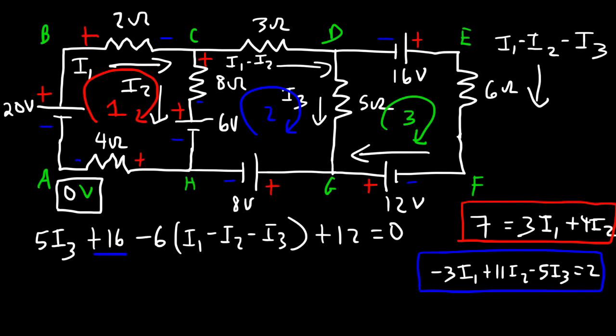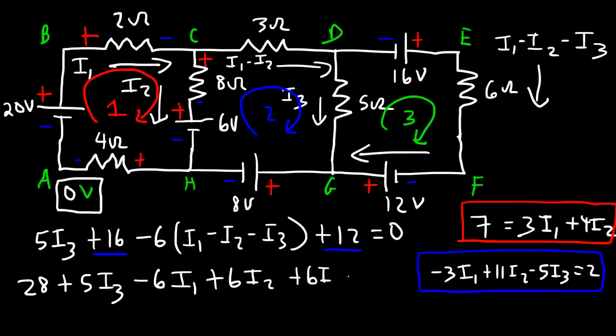Now let's combine like terms. So 16 plus 12 is 28. And then we need to distribute the negative 6. So it's negative 6I1 plus 6I2, and then plus 6I3. And that is equal to 0. And so we have 28 minus 6I1 plus 6I2. Now let's combine these two. So 5 plus 6, that's 11.